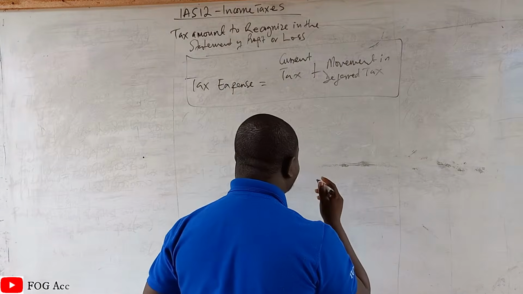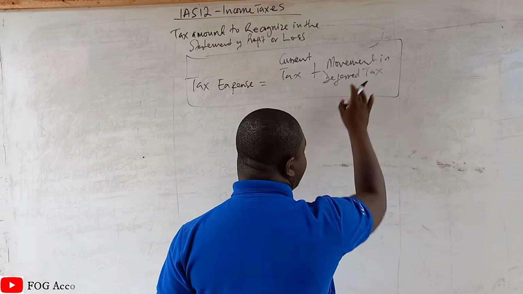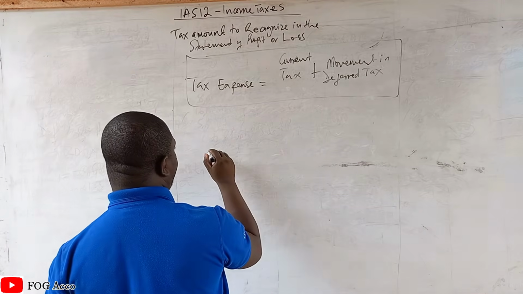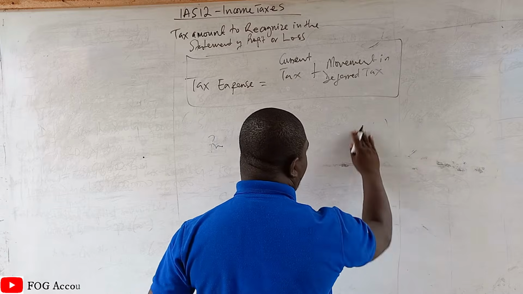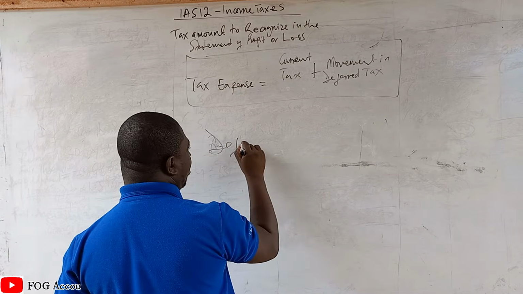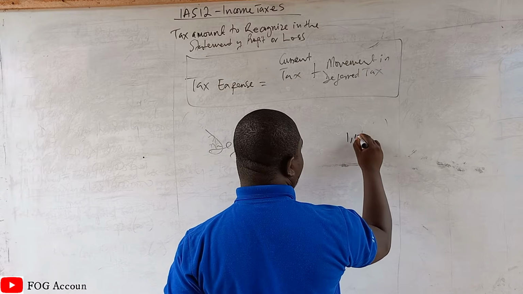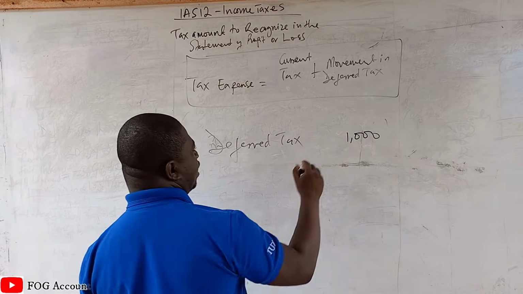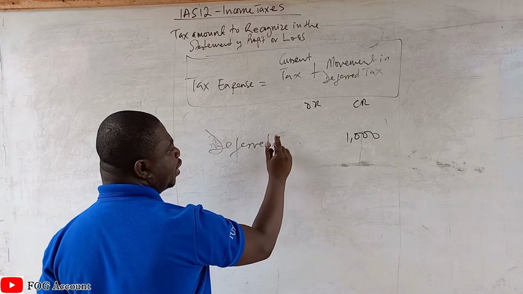We know that we have previous years. If you have previous years' provision, it is the same with the deferred tax. If you have, let's say, a deferred tax in the trial balance as maybe 1,000, on the credit side, now watch carefully.